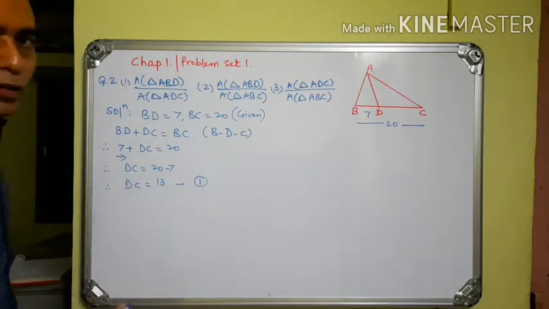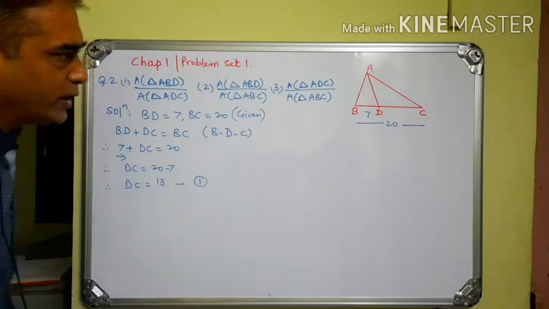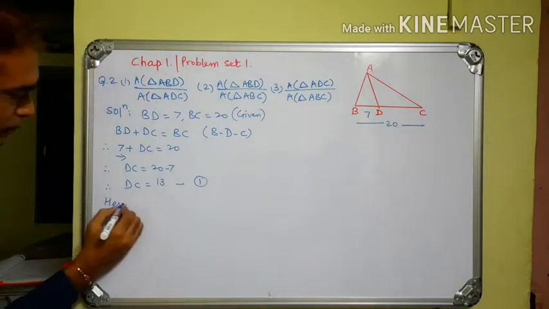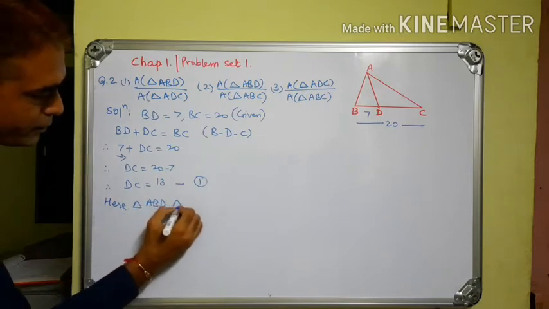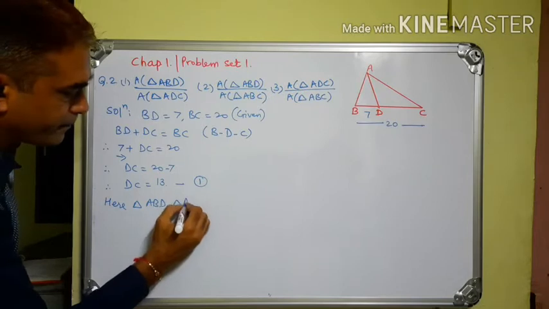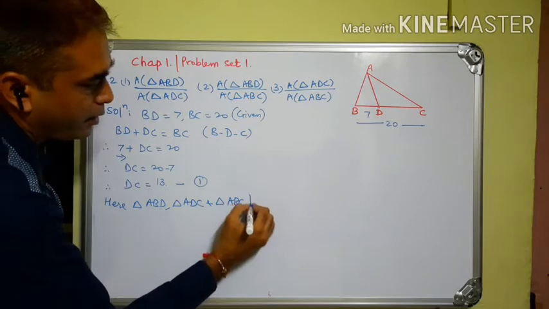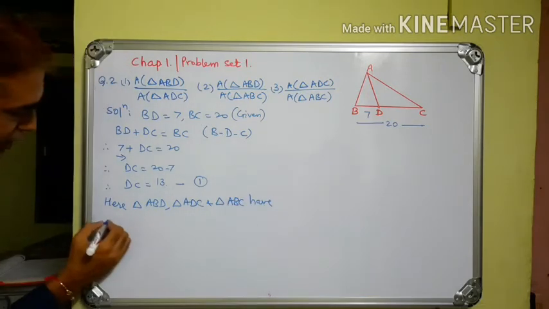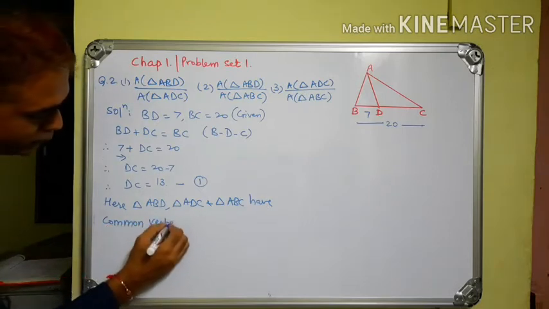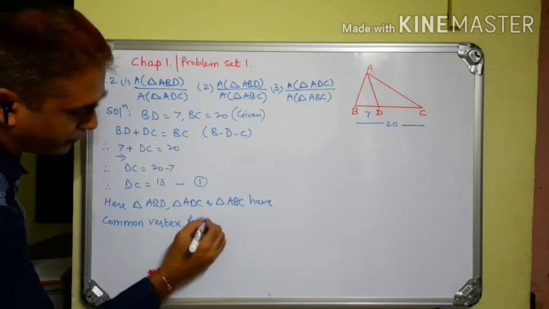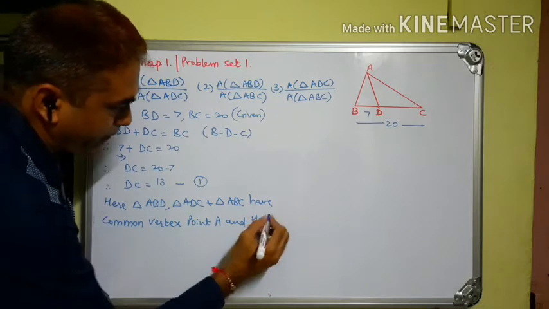Now we will describe what the case is. All the three triangles have common vertex point A. Here triangle ABD, second triangle ADC and triangle ABC have common vertex point A, and their bases.